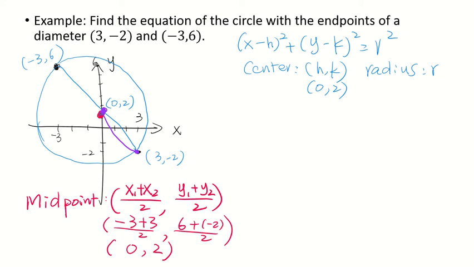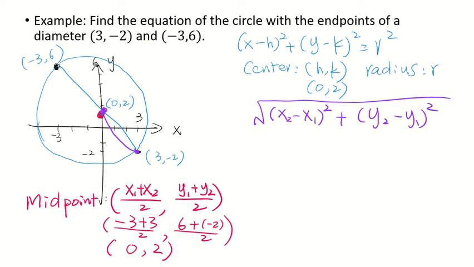So here we can use the distance formula, which is the square root of (x2 - x1)^2 + (y2 - y1)^2, and the distance here is exactly the radius we're looking for.